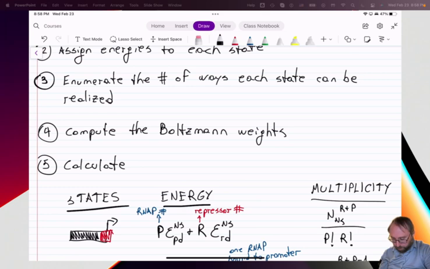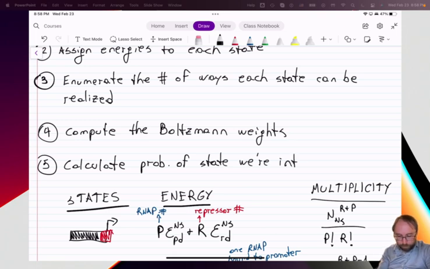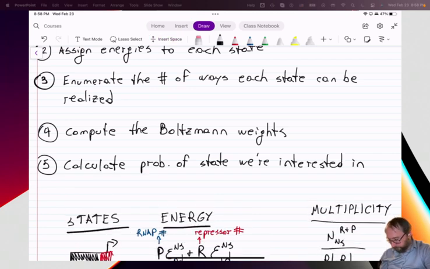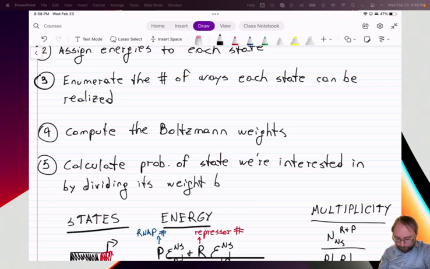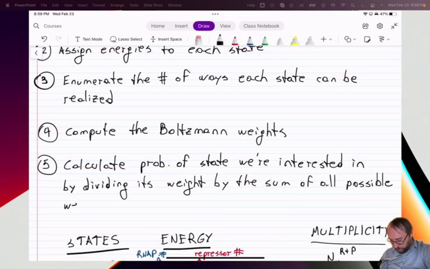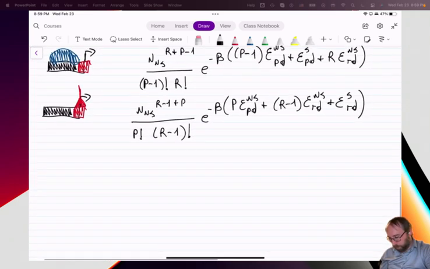Calculate the probability of the state we're interested in by dividing its weight by the sum of all possible weights. Okay, so let's do that.